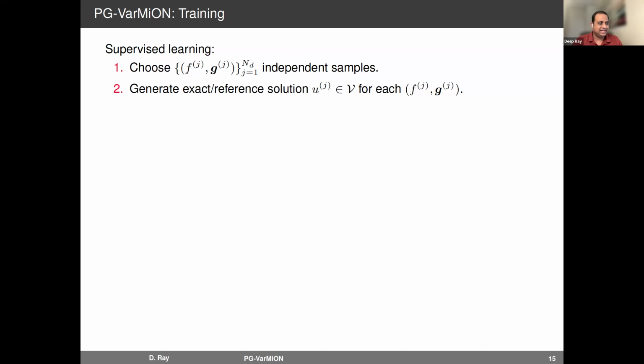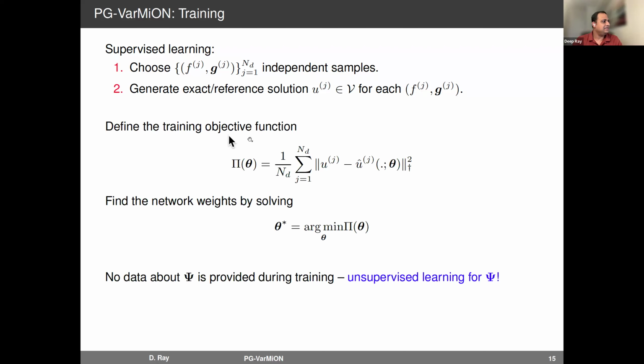Then you use this as your training set, and you define the training objective as basically being the mismatch, as measured in the dagger norm that has been given to you, between this true or reference solution and the solution that you would get with the PG-VarMiON when you feed the discrete version of F and G into the PG-VarMiON. And you take an average of that and you try to find the trainable parameters that minimize this loss.